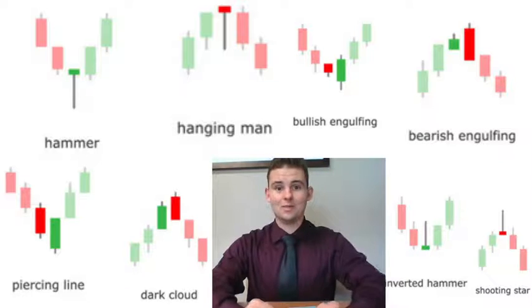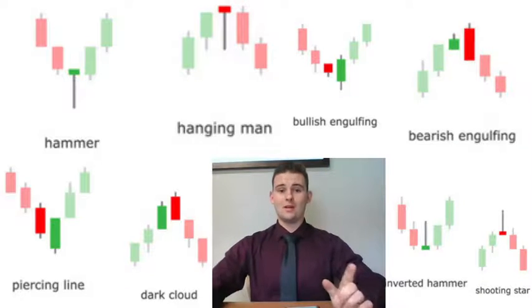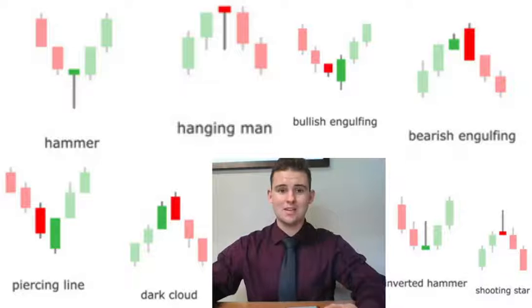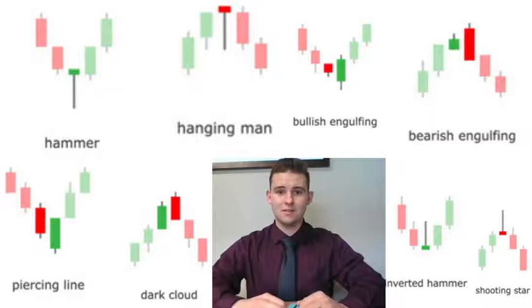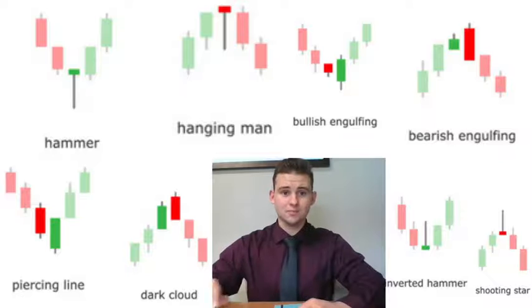So the very first one we have right over here is called the hammer. The hammer is a single candlestick pattern that happens at the bottom of a downtrend.